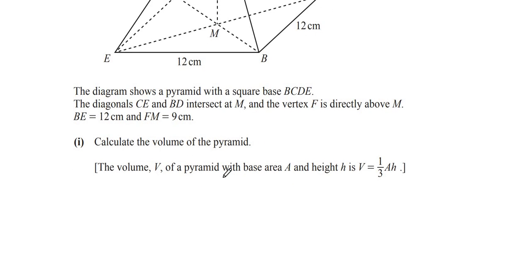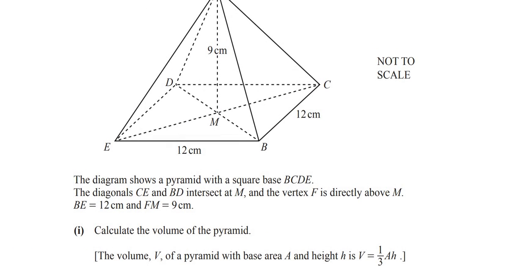So first of all, the formula for volume of a pyramid is 1 upon 3 multiplied by base area multiplied by height. So first we will find the base area. The base is a square.